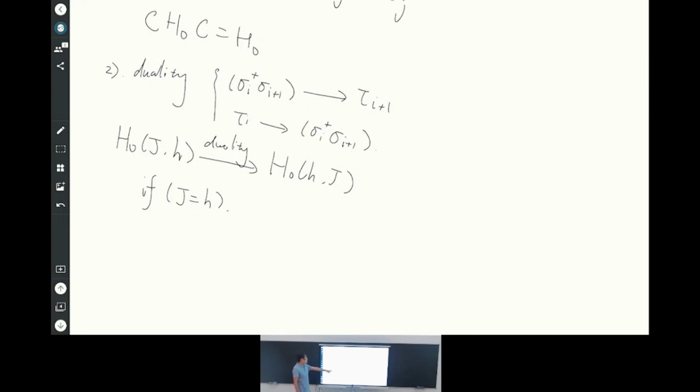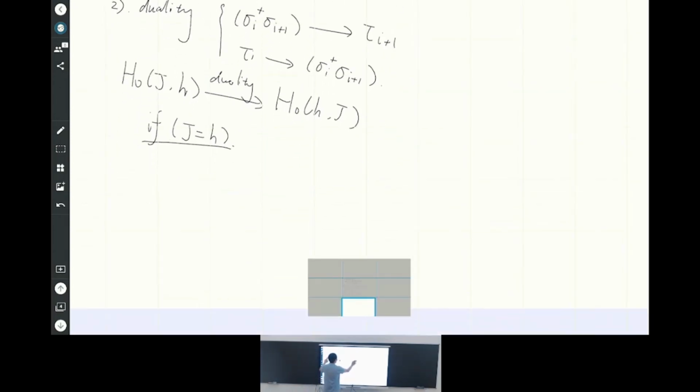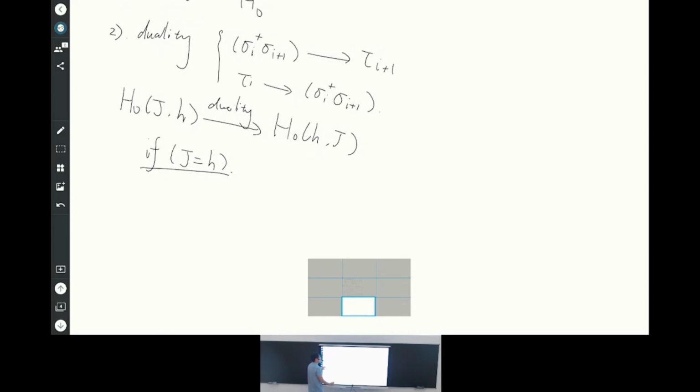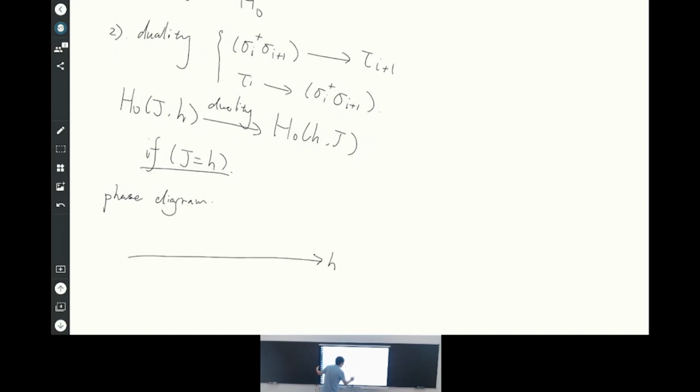So this condition is important because next we can discuss the so-called phase diagram of this model, okay? The Q-state Potts model. So for the phase diagram, say you have H over J, okay? Is this duality the same one that fixes your B coefficient of epsilon to 0?